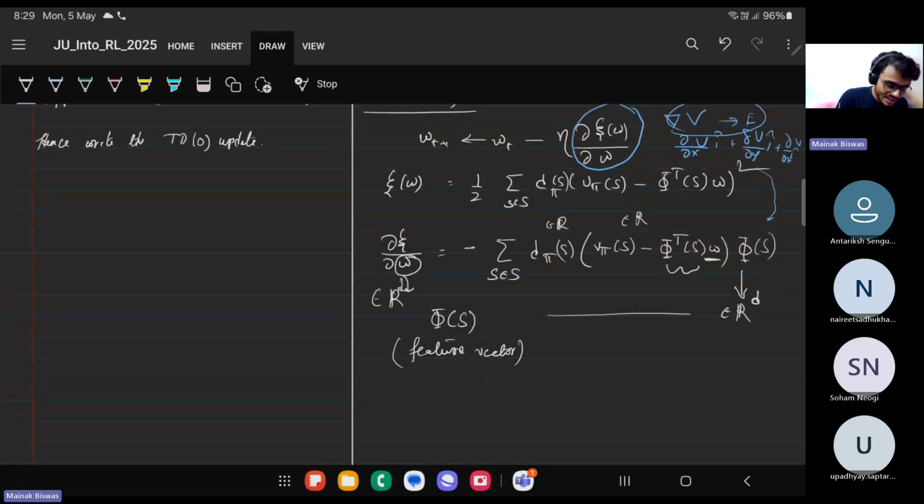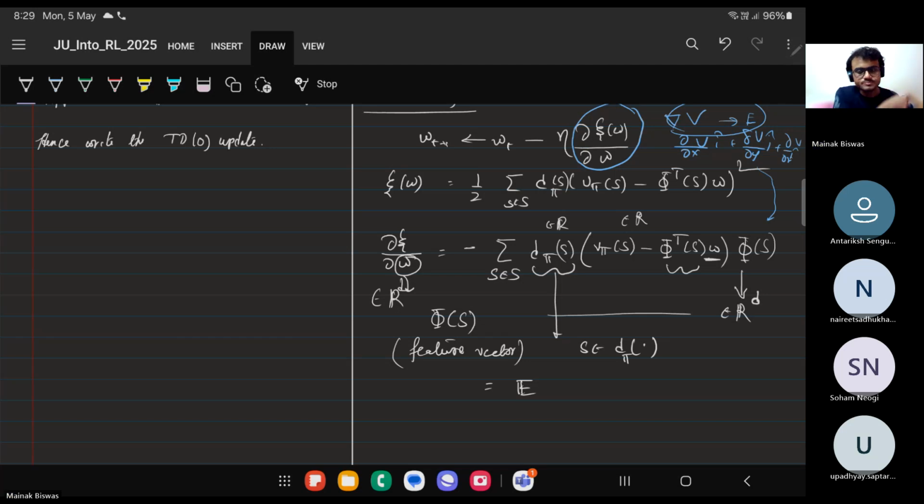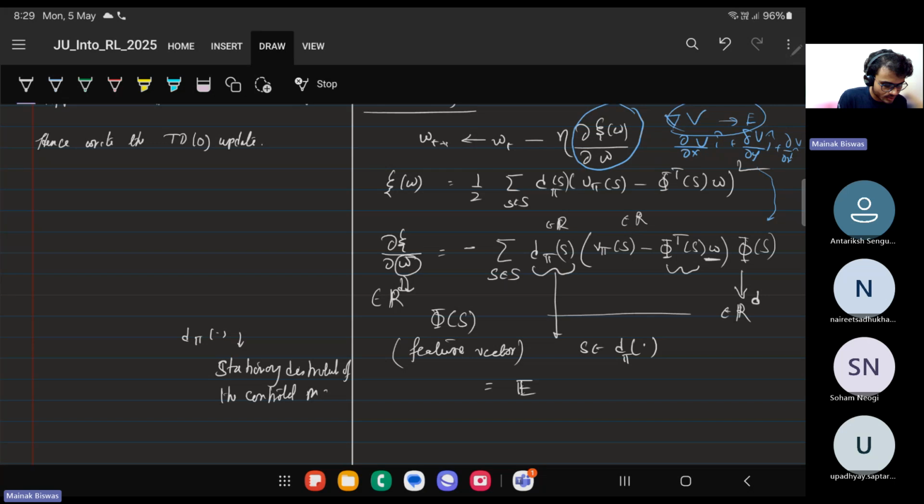So how can we write this? We can write it as the expected value of, see, this is a probability function, right? States are sampled from the d pi distribution, the stationary distribution. D pi of S is the stationary distribution of the MDP, yes or no? We have discussed this last time. Stationary distribution of the controlled Markov chain.